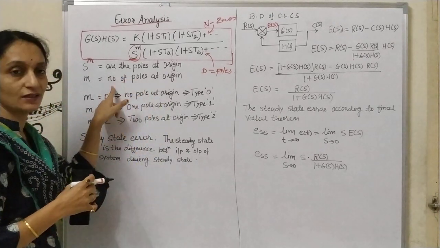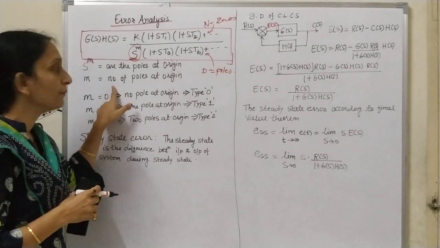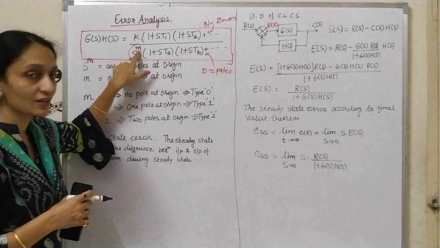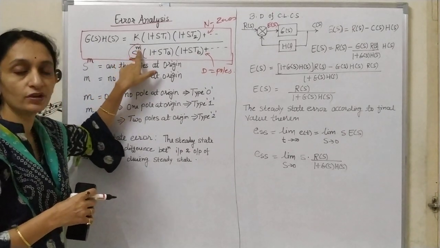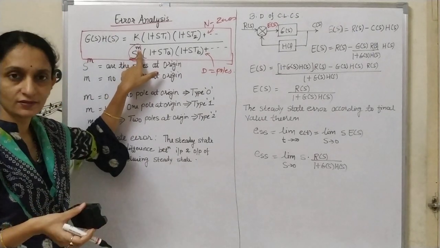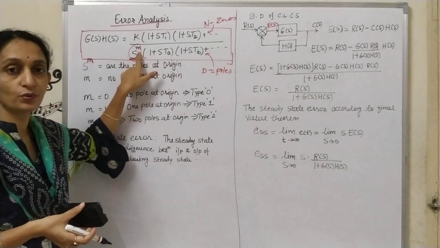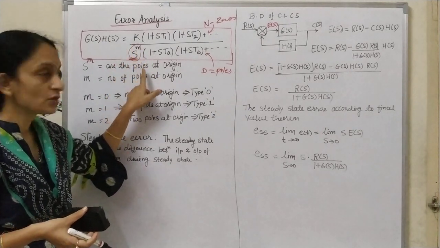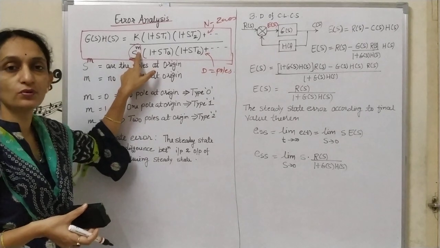Why is this term getting repeated? Because these are the poles at origin, whereas m is the number. When you put m is equal to 0, you say no pole at origin. When m is equal to 1, s raised to power 1 term is there, so one pole at origin. So m will give you the number of poles at origin.